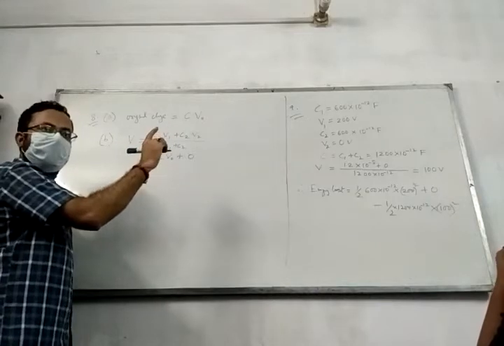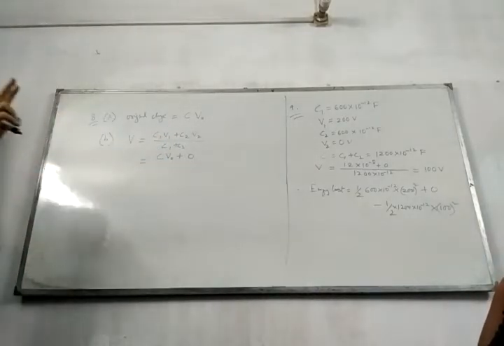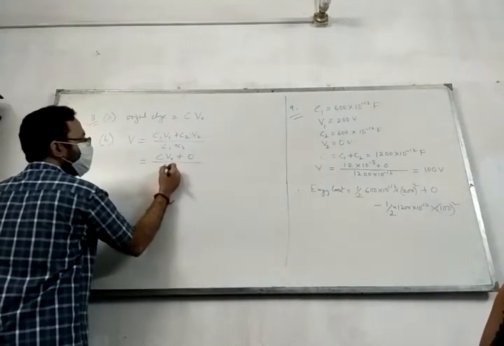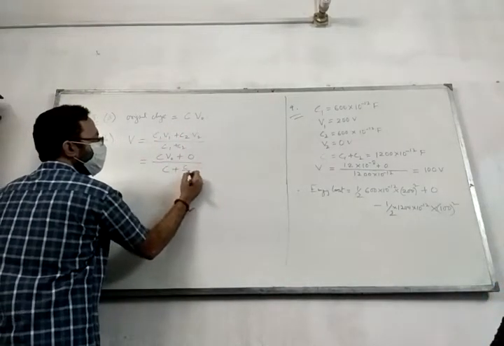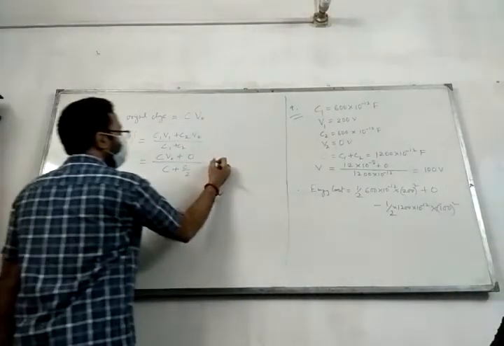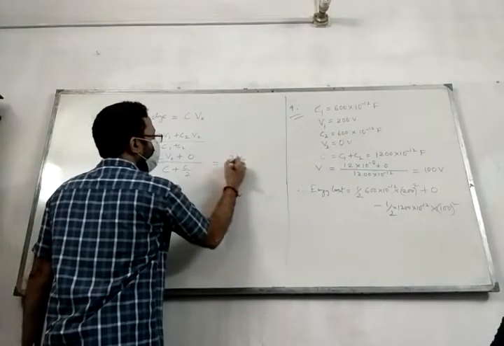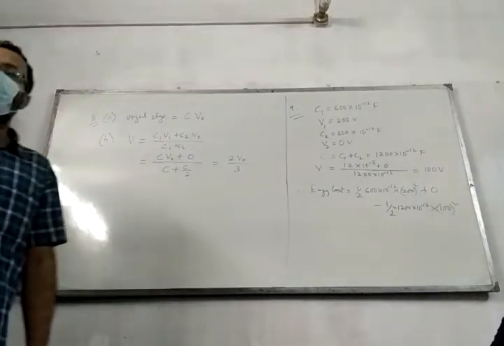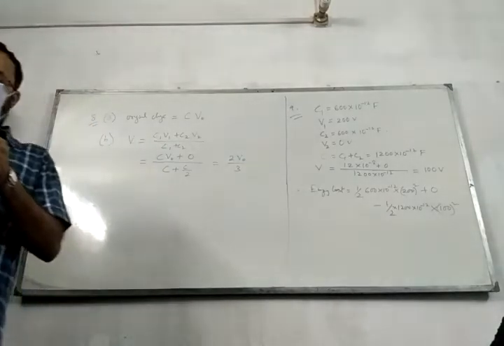Because V2 is 0, since the second capacitor is uncharged, divided by C1 হচ্ছে C plus C by 2, right? 3C by 2. So C cancels, 2 V0 by 3. 3 is the answer. বোঝা গেছে?